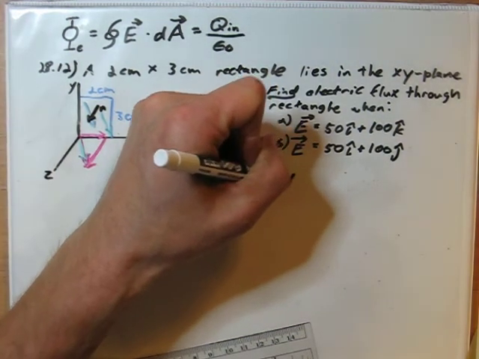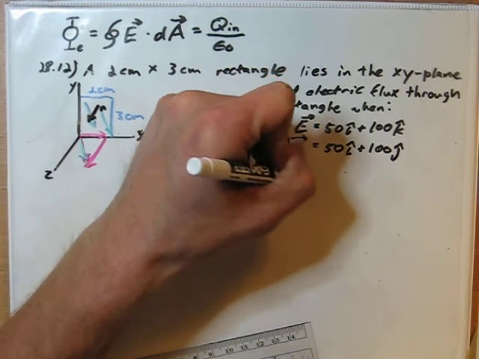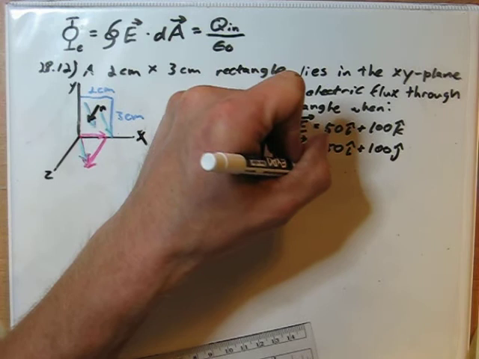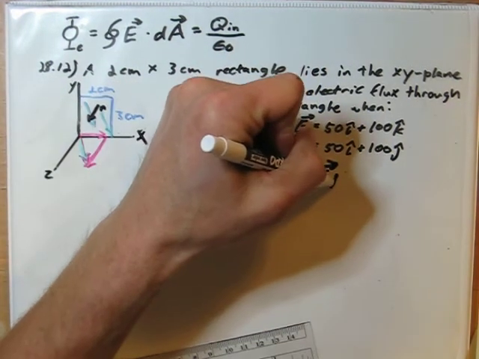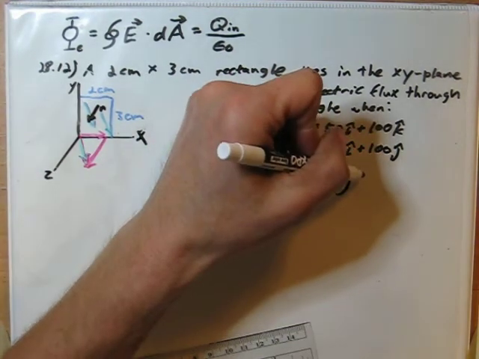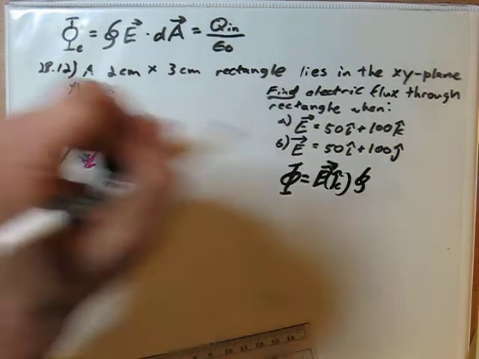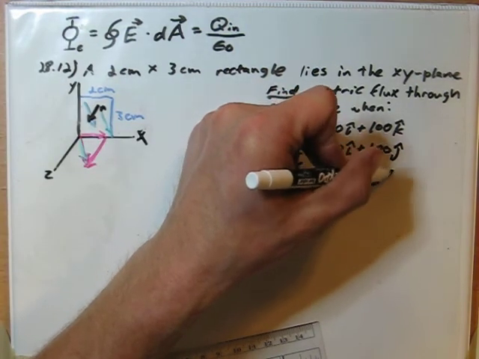So we can say here our flux equals our E field in the k hat direction times the surface, dA.